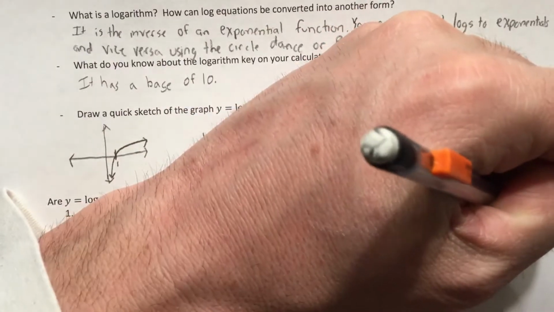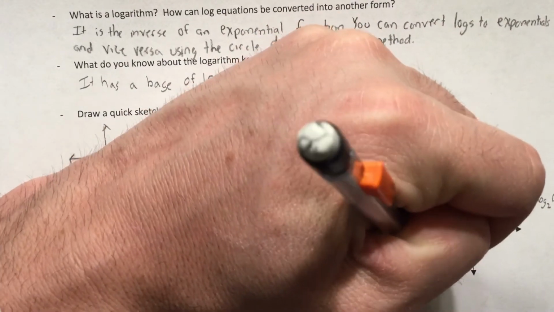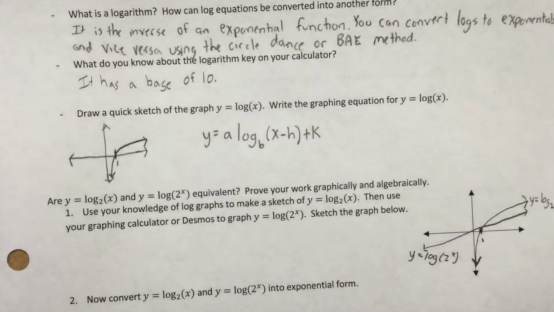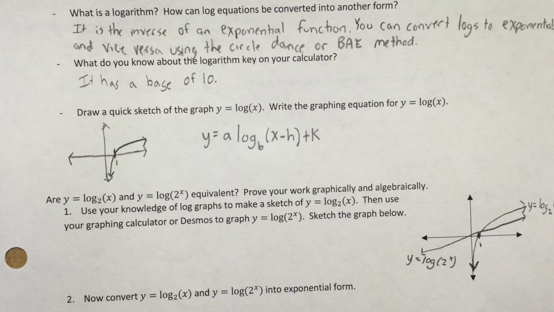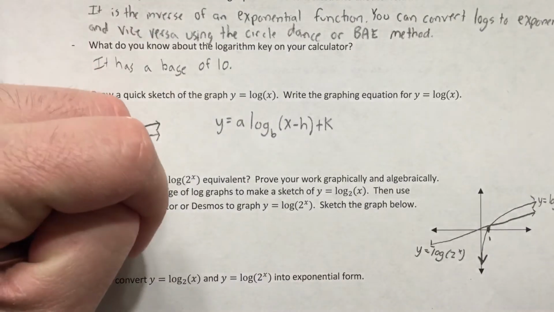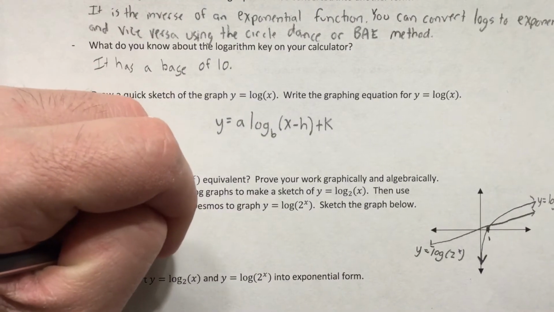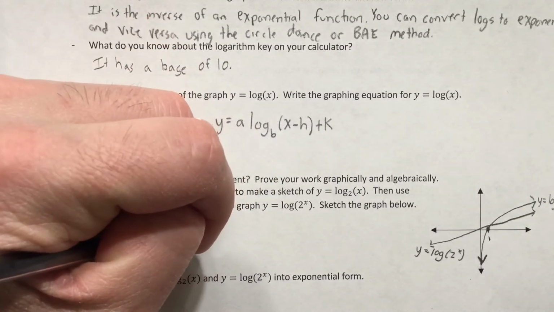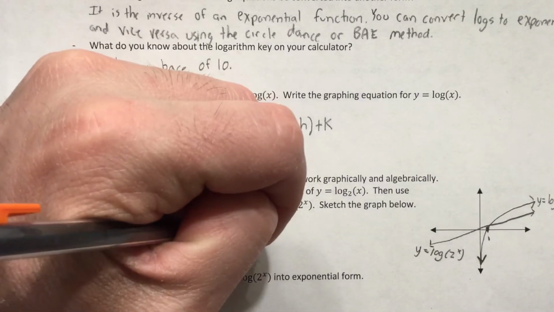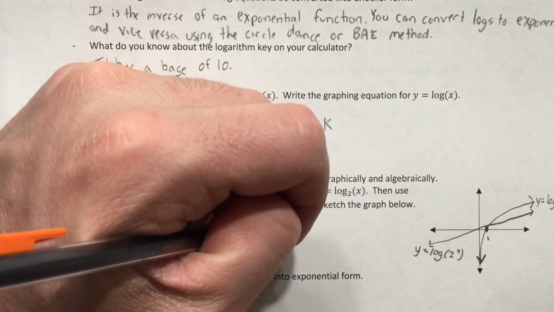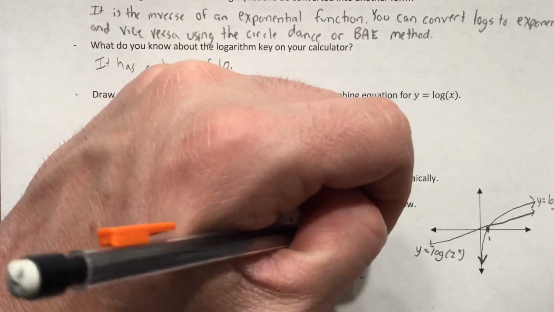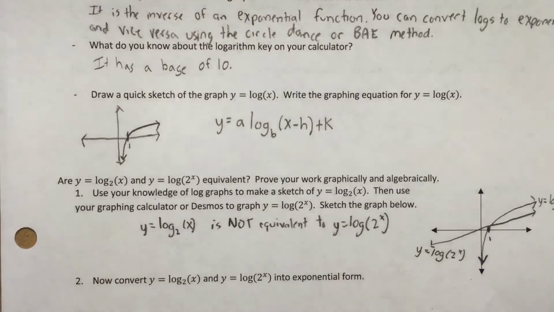And then I'll label that as y equals log of 2 to the x. So we can see that they are not equivalent to each other. y equals log base 2 of x is not equivalent to y equals log of 2 to the x power.